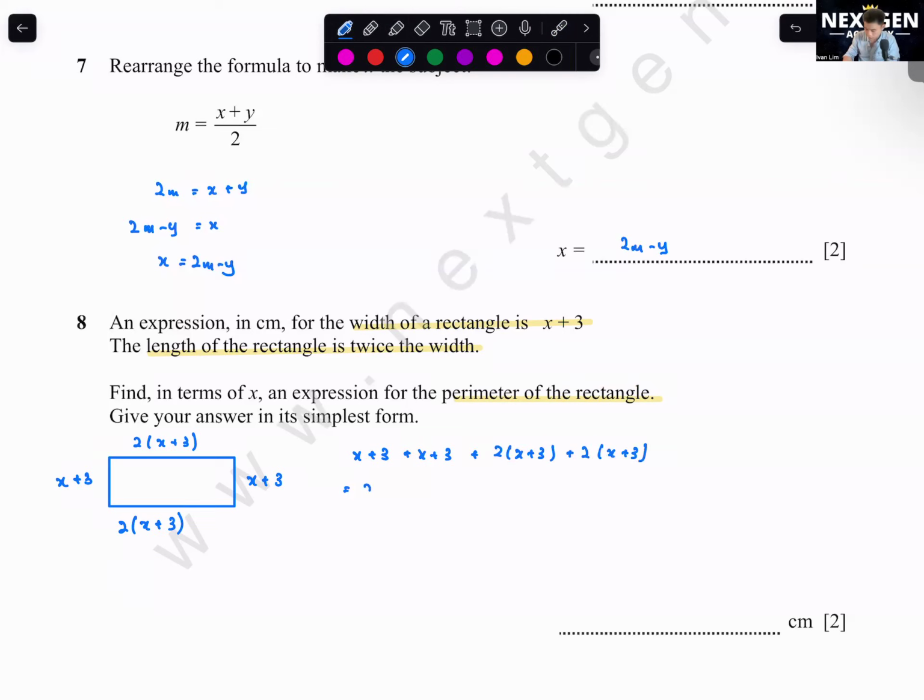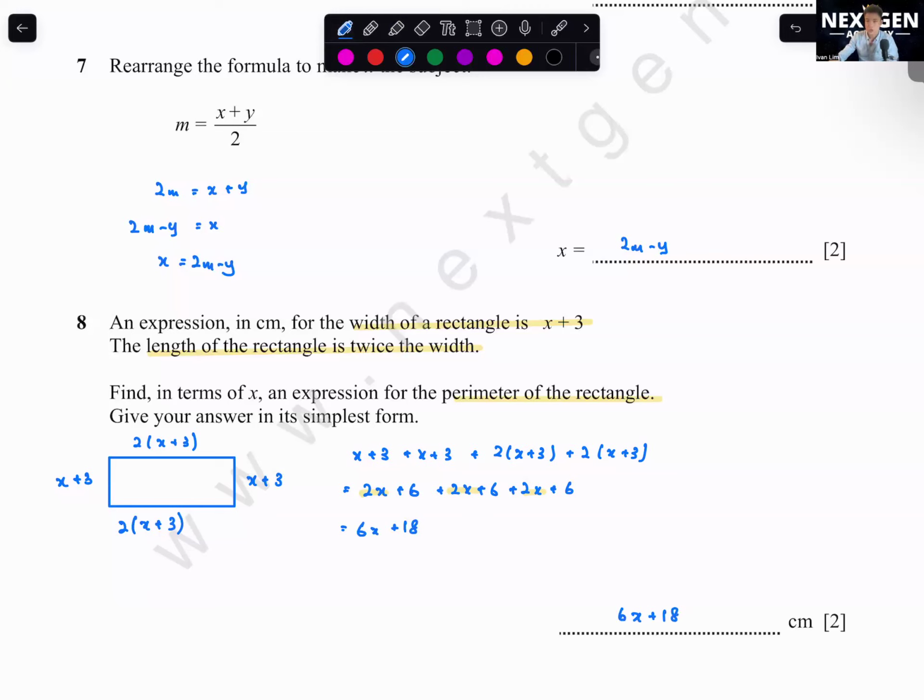Here will be 2x plus 6 plus 2x plus 6 plus 2x plus 6. 2x, 2x, 2x, we will get 6x. 6 plus 6 plus 6, we will get 18. So 6x plus 18.